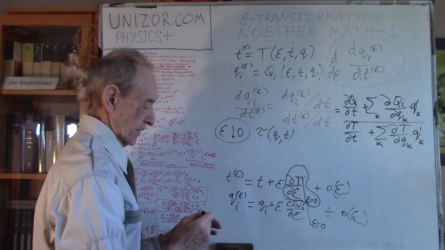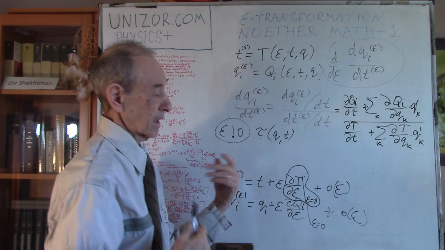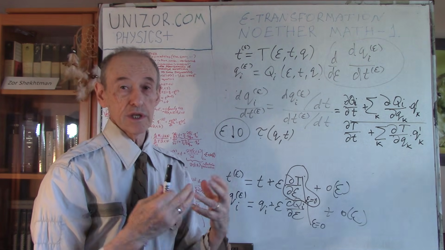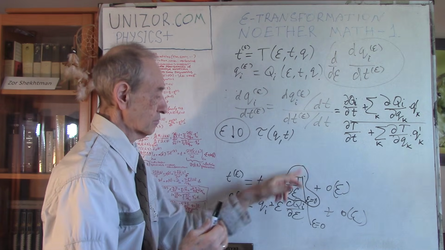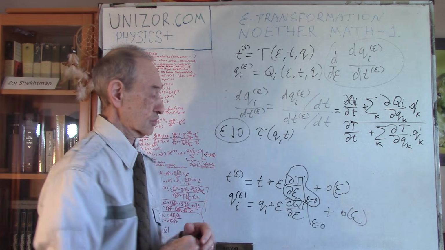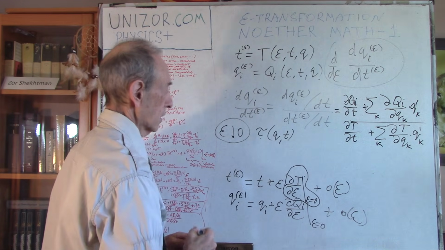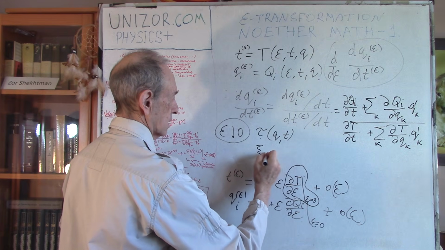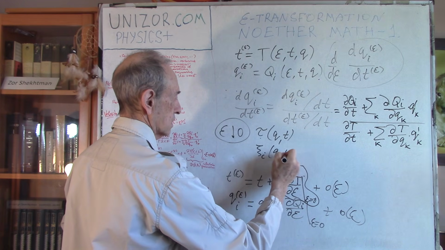What is this? This is basically a reflection of how our time changes. This is the speed of change of time, the rate of change of time, if you wish. And similarly, this would be xi_i of q and t.